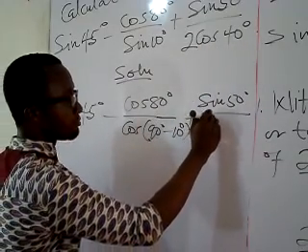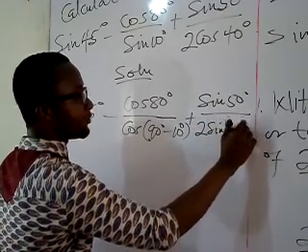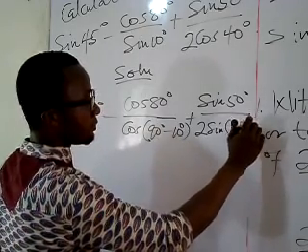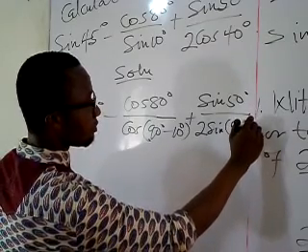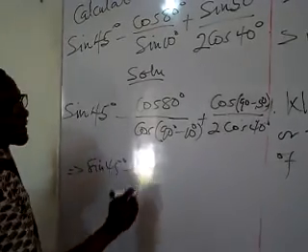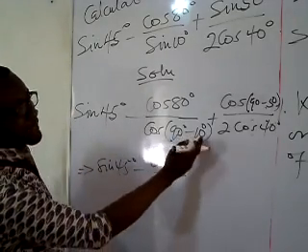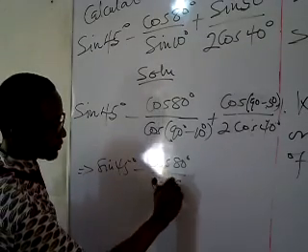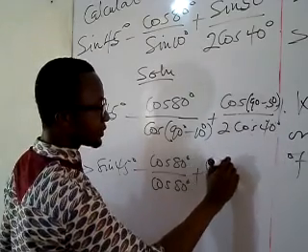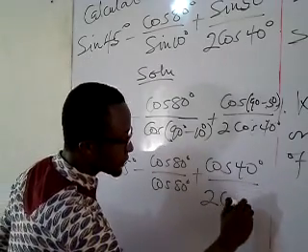So 2 sine brackets 90 degrees minus 50, sine 45 degrees minus cos 80 degrees over 90 minus 10 will give us cos 80 degrees, plus 90 minus 50 will give us cos 40 degrees over 2 cos 40 degrees.